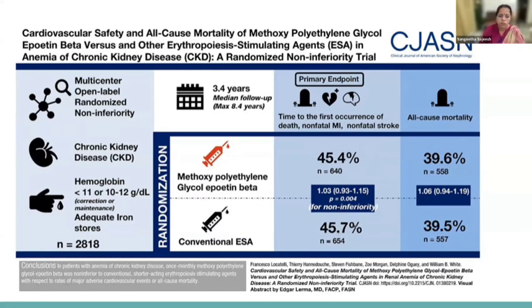The conclusion was that all-cause mortality was almost similar. In patients with anemia of CKD, once-monthly SERA was non-inferior to conventional erythropoietin stimulating agents with respect to cardiovascular events or all-cause mortality.